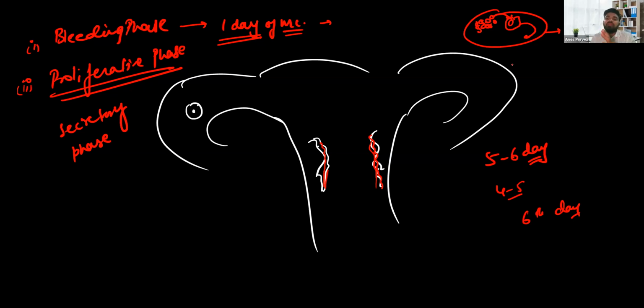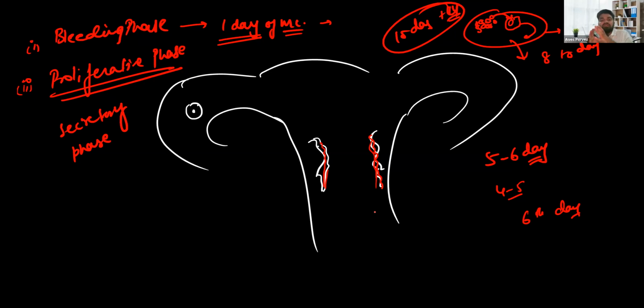That's why I'm saying it takes 8 to 10 days for a primary oocyte to get fully mature and release the ovum. But if we start from the beginning, 8 to 10 days plus 4 days of bleeding, it totals the 14th day of the menstrual cycle. That's why we wrote that on the 14th day of the menstrual cycle, the ovum is released.